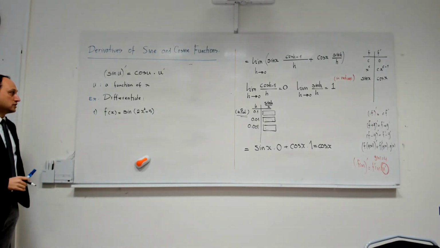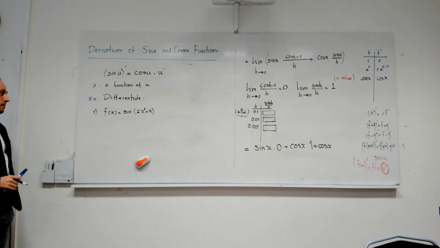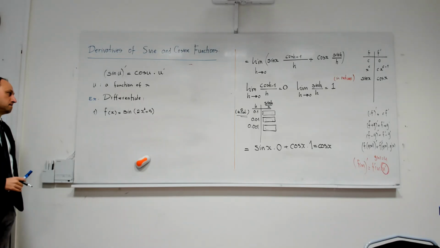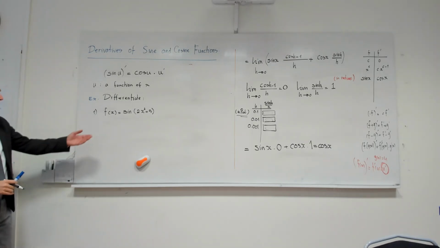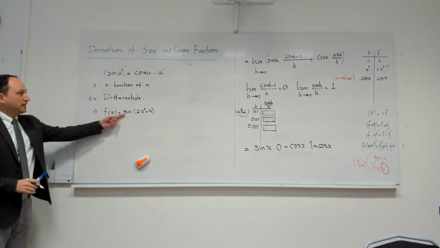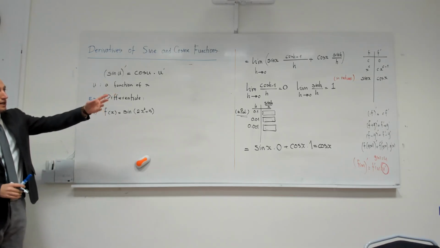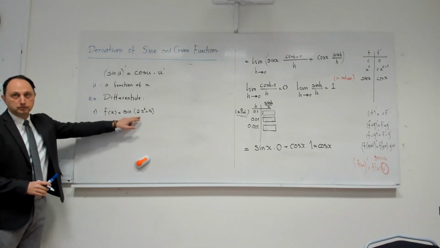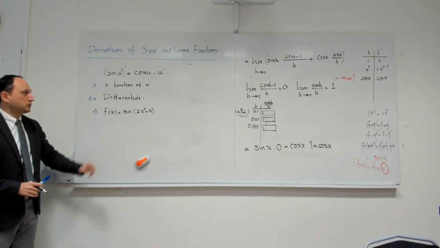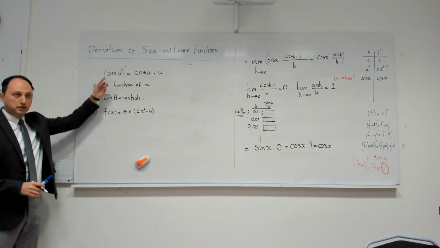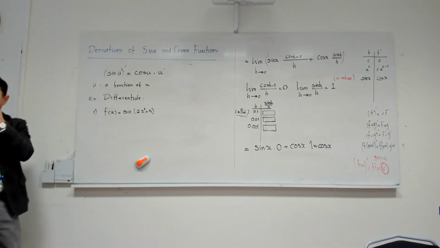You want to differentiate this function. Okay, if I want to solve this, this is not exactly what I have in that table. In that table, I have sine of x alone. But this is a combination of x, so it means that I should use the chain rule version of this formula that I discovered now.